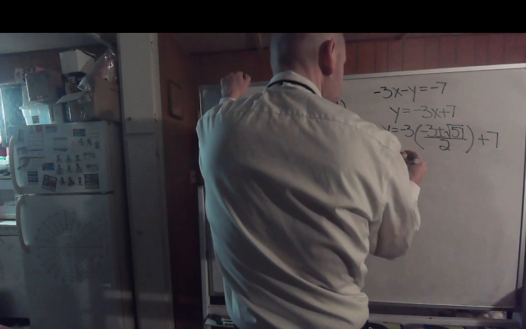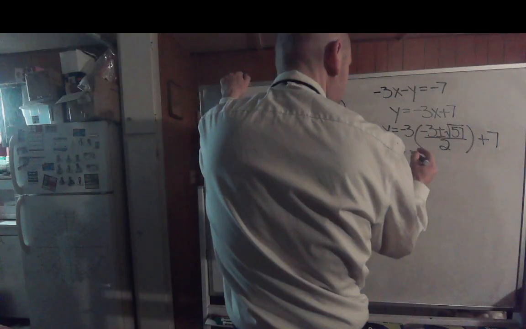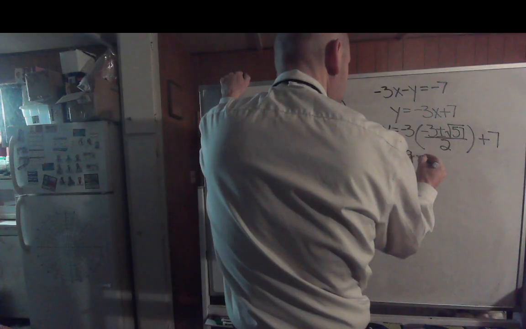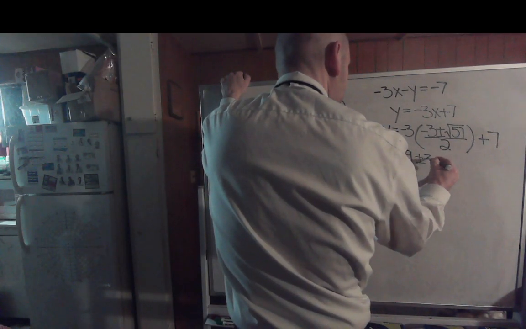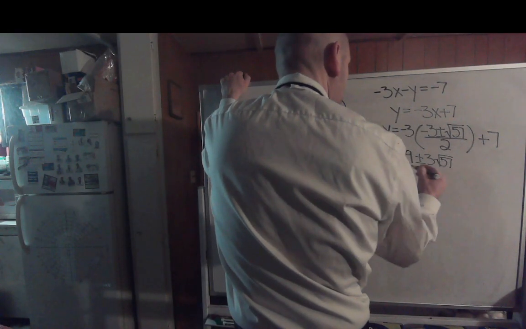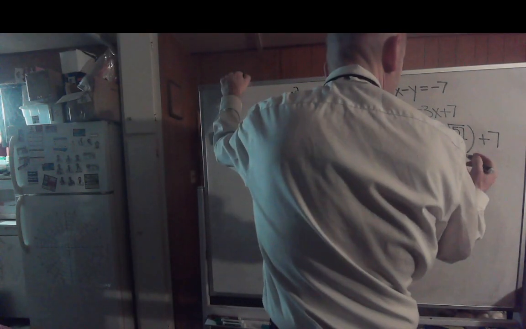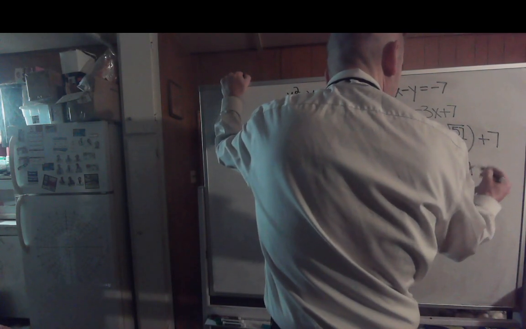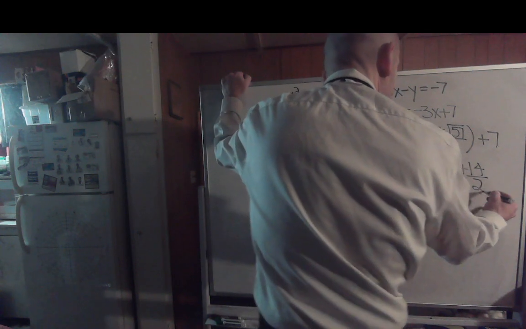Which, if we simplify this, is going to equal 9 plus and minus 3 times the square root of 57 all over 2. Then you have that plus 7, which would be plus 14 over 2.